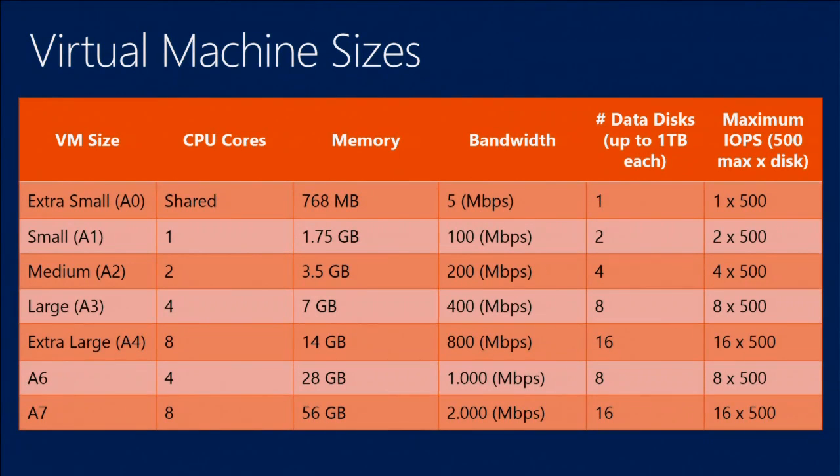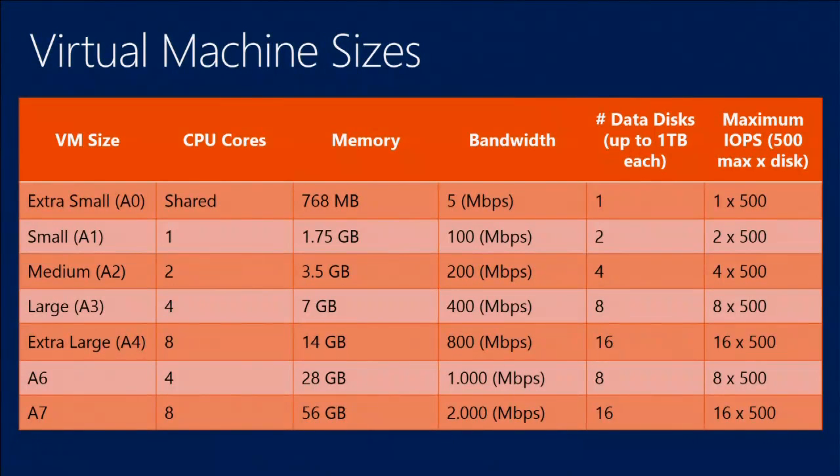Then they added the A6 and A7. And probably it would have been funny to name them extra, extra large or extra, extra, extra, extra, extra large, and so on. So they decided to change the naming convention and to use A and the number. OK, it's easier. So you can think about the sizing as A something, starting from A0 to A7.